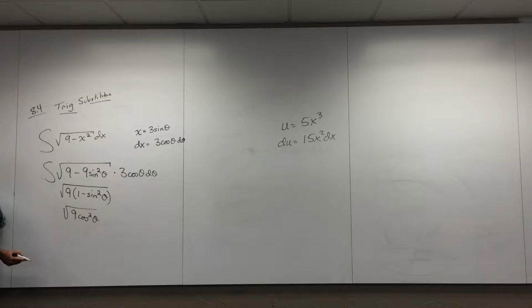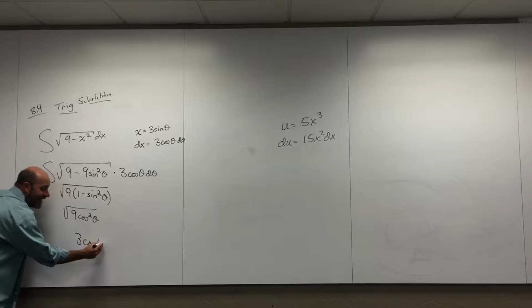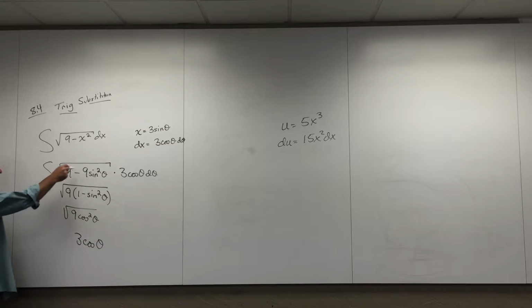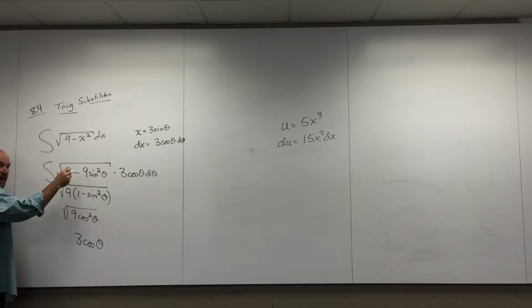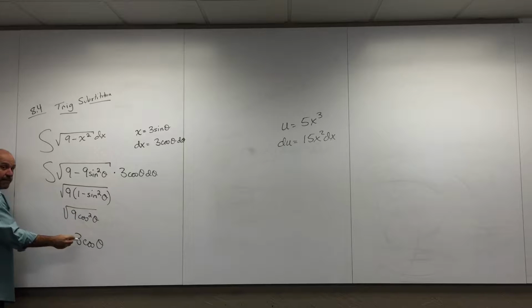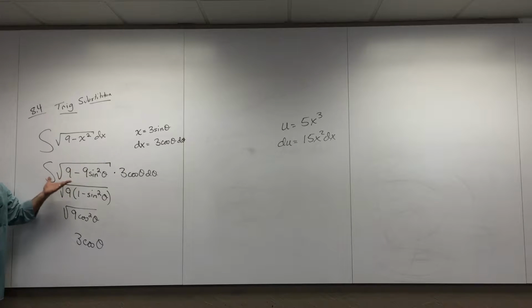Now, can you do the square root of it? It's going to be 3 cosine theta. The radical's gone. The trig substitution gets rid of that radical for you.